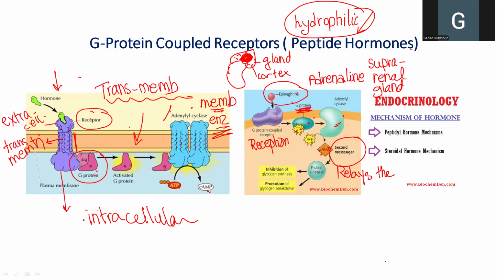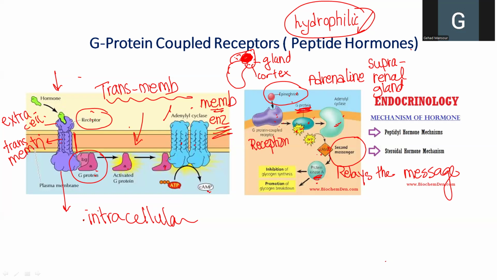Relays the message of whom? Relays the message of epinephrine that cannot enter the cell. So cyclic AMP will activate a protein kinase enzyme or deactivate according to what is necessary.